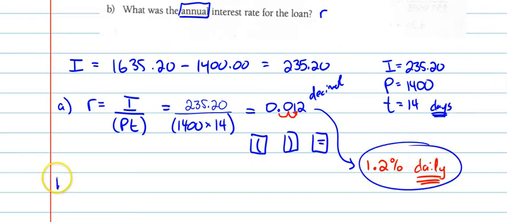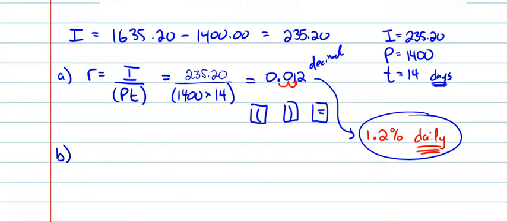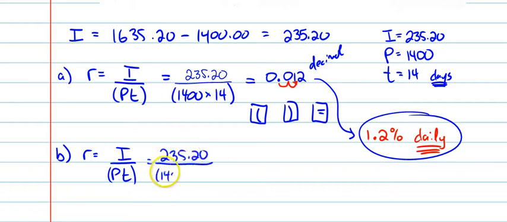Now B is asking for the same thing, but yearly, per year, or annually. So same idea. R equals I divided by PT. So 235.20, that hasn't changed. Still equals 1,400 times 14.